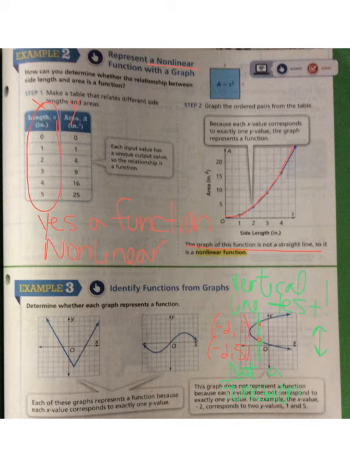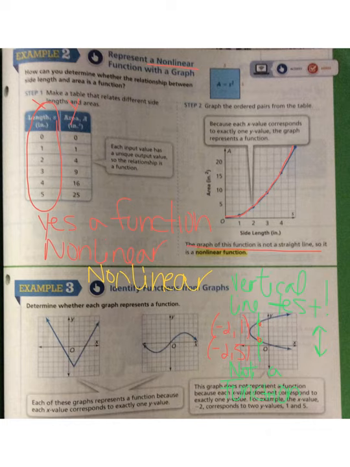Let's go ahead and look at the first two examples. All of these examples, I should state, are nonlinear because they're not straight lines. But the last example is the only one that is not a function.